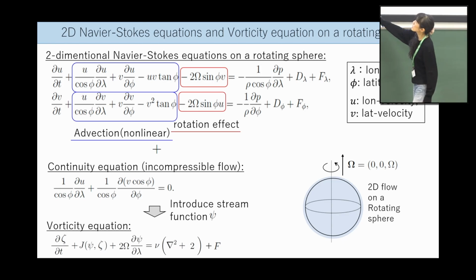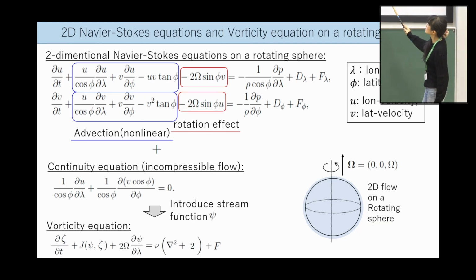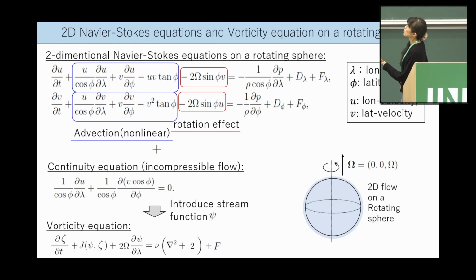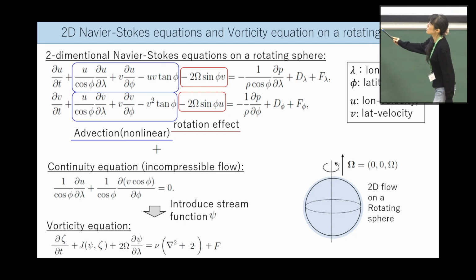So we have the time derivative of the flow velocity component, and we have the advection term here, the nonlinear term, and we have the rotation effect here, and pressure gradient, dissipation, and forcing. And these are the two-dimensional Navier-Stokes equations, of course, coupled with a continuity equation.